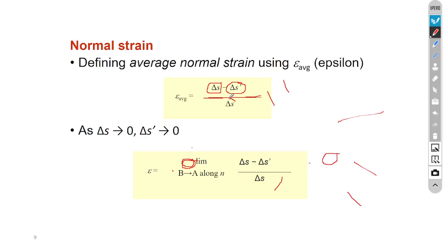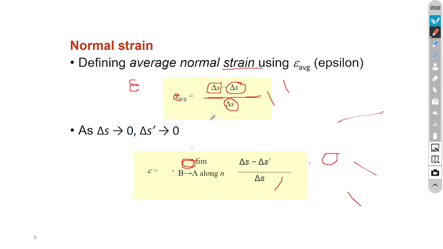This ratio is called strain. It is denoted using another letter, lowercase e, epsilon. That is the letter.